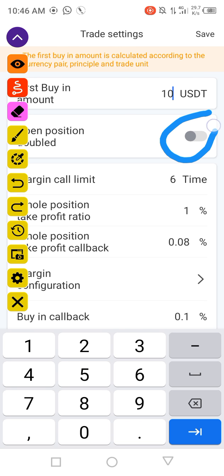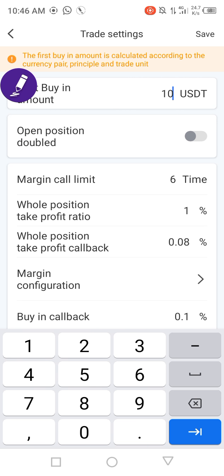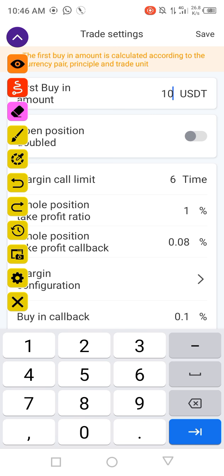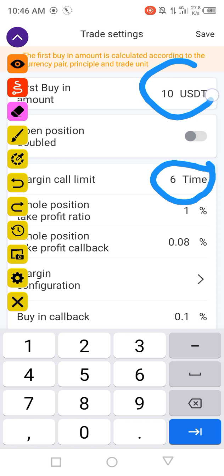This position double, don't touch it, leave it like that. Margin call limits. Margin call limits is how many times the system will be called to buy using the set buy-in amount, each time the coin drops in the percentage you set. We'll get to that point.